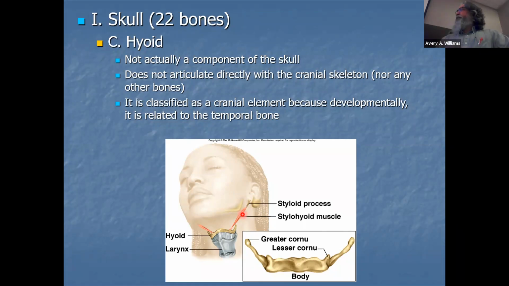And I think I remember telling you guys, when we were talking about the temporal bone, I said it was a composite bone. It's composed of different ossification centers that come together to form one big bone. And in lab, we'll talk about the different regions of the temporal bone. Remember the squamous portion? That's the portion that forms the squamous suture, where it articulates with the parietal bone. And then there's a mastoid portion.